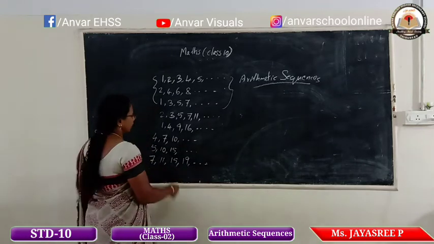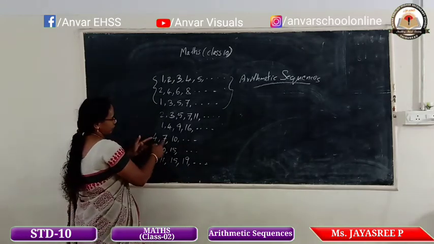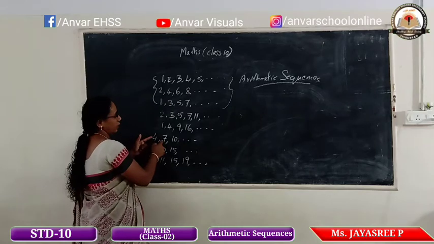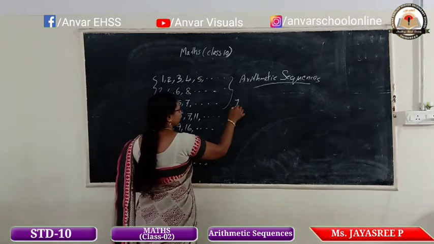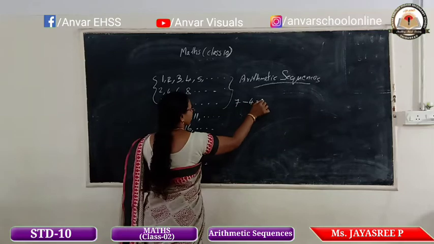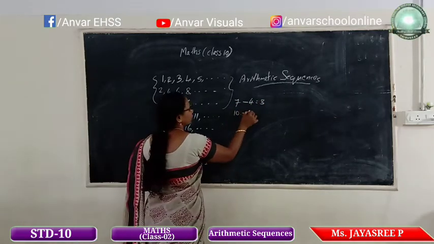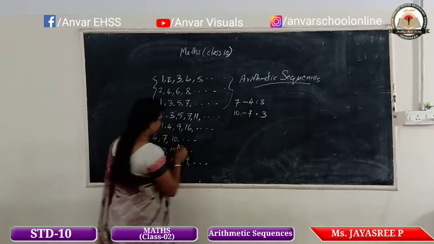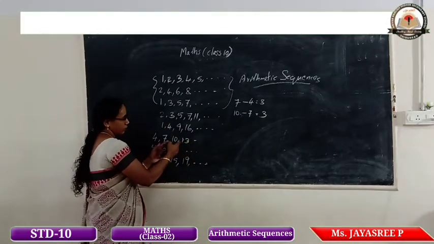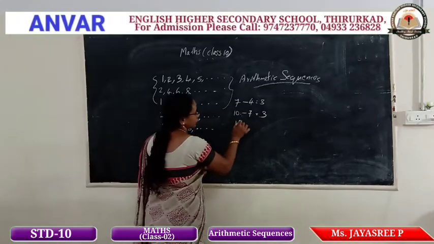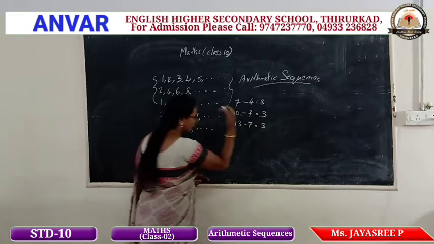Okay, now we can check what is the difference between these two terms, 7 and 4. 7 minus 4 is equal to 3. 10 minus 7 is equal to 3. What is the difference between 13 and 10? 13 minus 10 is equal to 3.